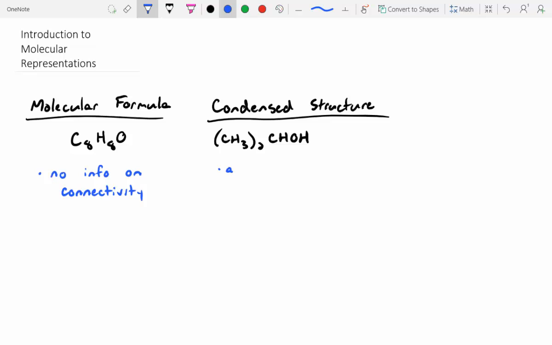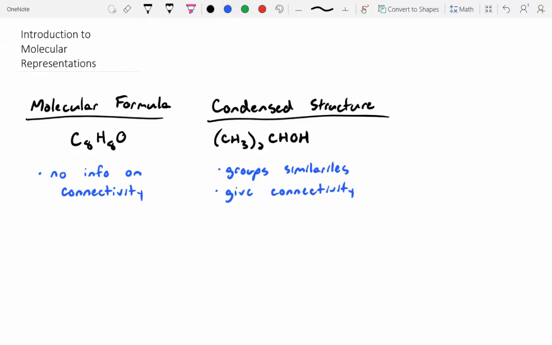Like I said, this groups similarities. Like we saw that methyl group, there's two of them. And it gives the connectivity. So this is a better way of doing things.